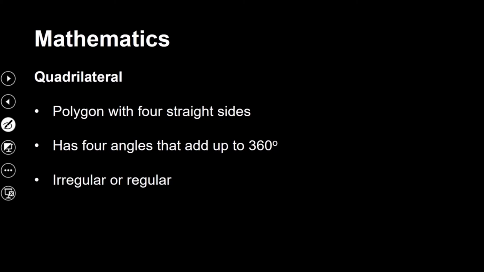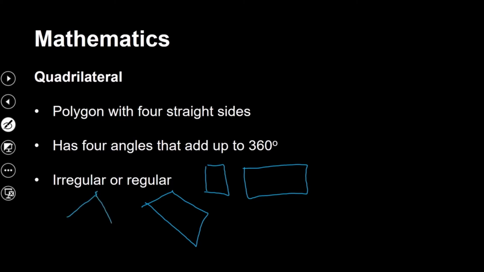It may be irregular or regular. The regular ones would be things like a square, a rectangle, a rhombus, but irregular would be just me having any quadrilateral for that matter, something like this. That's an irregular one.